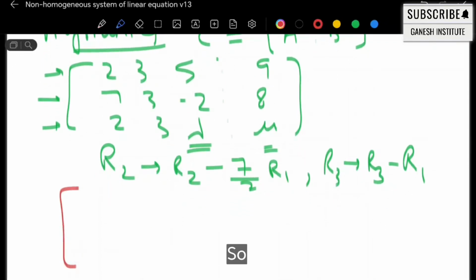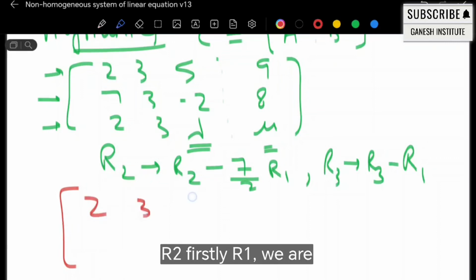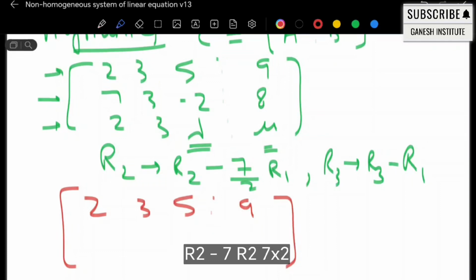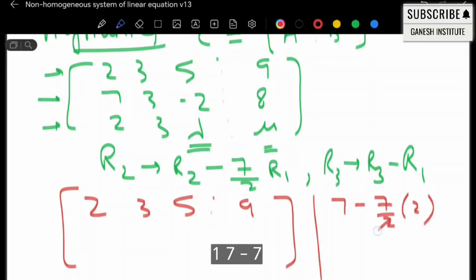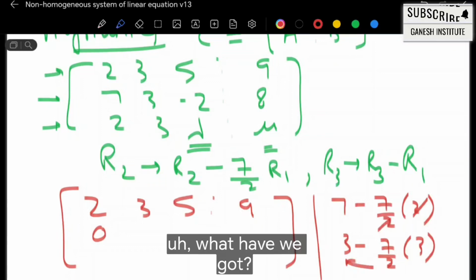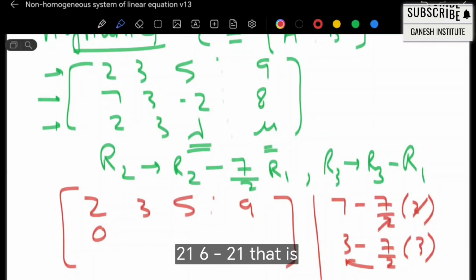So R2, firstly R1 we are not doing anything here. R2 is 7 minus 7 by 2 R1. 7 minus 7, 0. Then 3 minus 7 by 2 R1. 3 is 6 minus, what have we got? 21. 6 minus 21, that is minus 15 by 2.